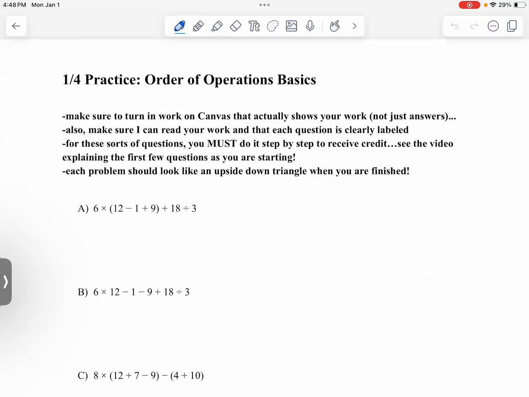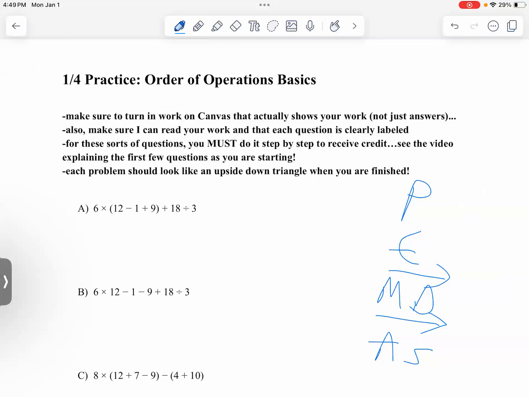The order of operations is something that you should always be following. It's not just when we do quote unquote order of operations problems, every problem follows the same order of operations. You do what's in the parentheses first. That's P, then E, exponents, which is what we'll start with on Monday.